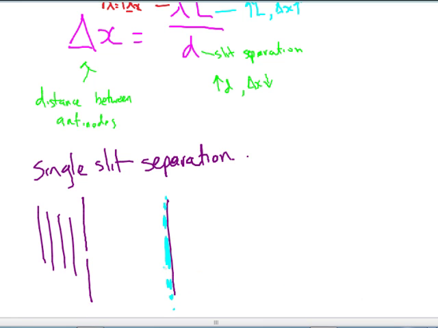Something like that, with the main bright spot obviously opposite the slit. Now, in this one, basically the light is effectively interfering with itself as it comes through.